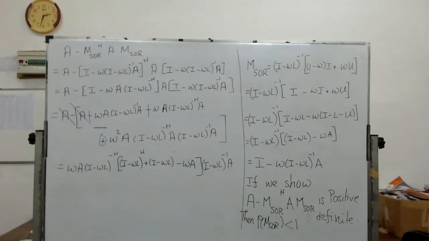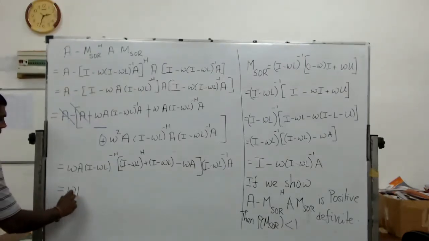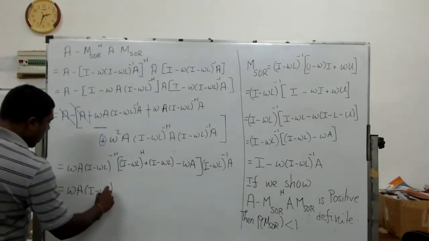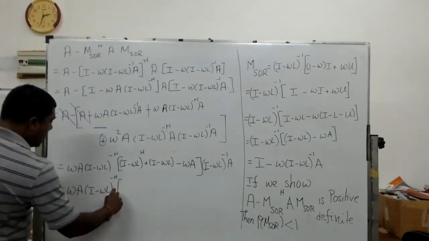And so when you factor out in this way, from the front you take an omega and A and (I minus omega L) inverse Hermitian, and from the back you factor out (I minus omega L) inverse times A, then you end up with this. So now if you simplify this, you will get this. So omega A (I minus omega L) inverse Hermitian.